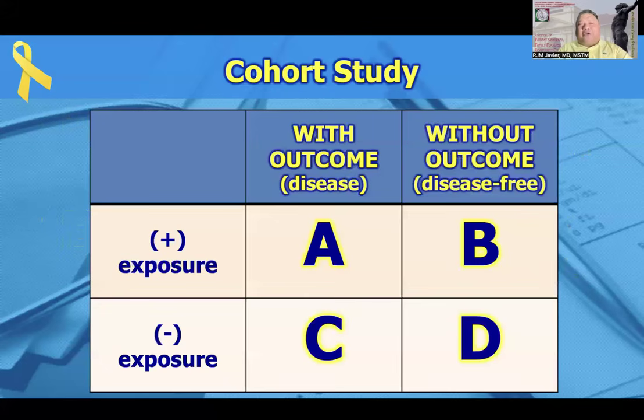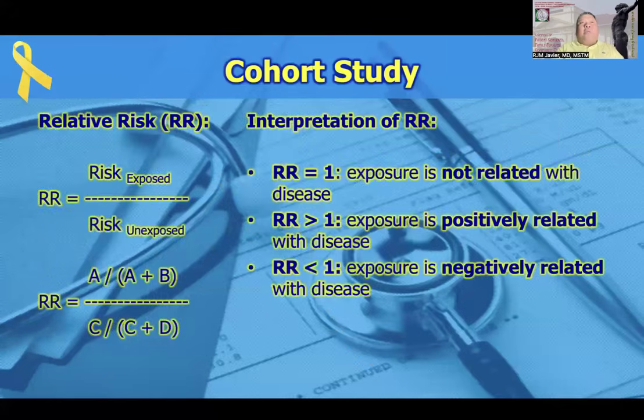So again, we focus our attention to your 2 by 2 table. And just like your case control study where you have your odds ratio, the main measure of association for your cohort study would be your relative risk or your risk ratio. The relative risk or the risk ratio is the quotient of the risk among the exposed divided by the risk among the unexposed.